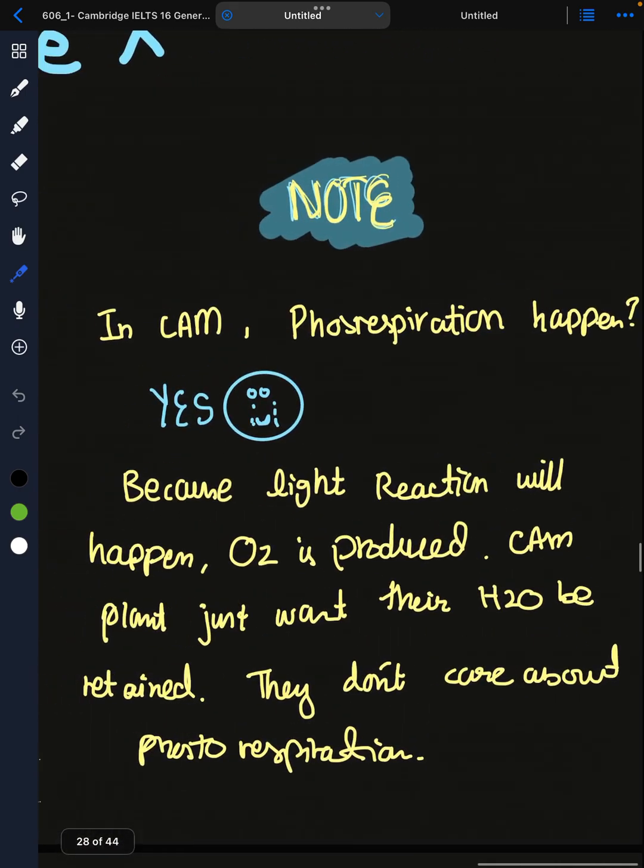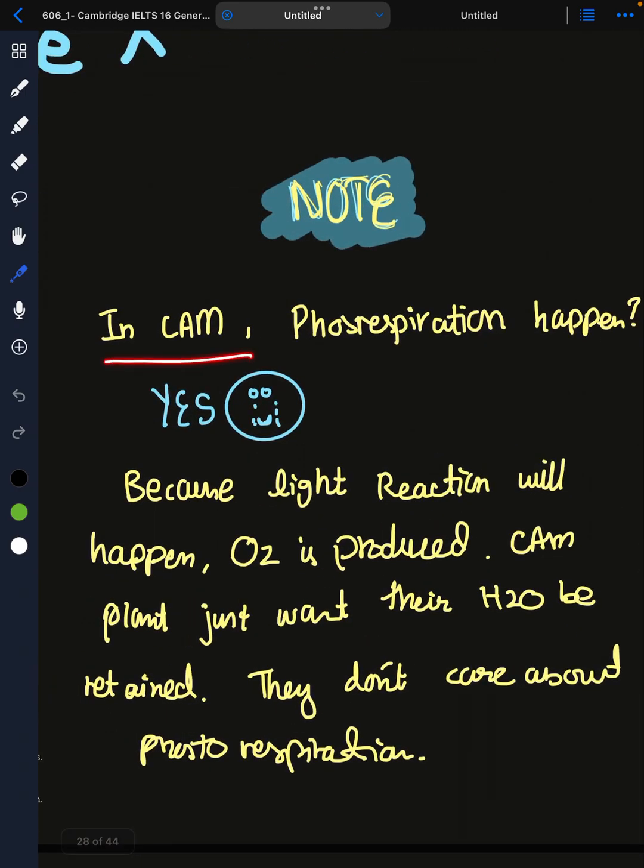Okay? So basically, here's a very important note for you. In CAM plants, if the question asks whether photorespiration happens, the answer is yes, photorespiration happens, but the efficiency of photosynthesis is not reduced. The chances of photorespiration are really very reduced.